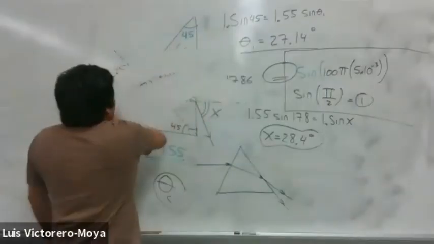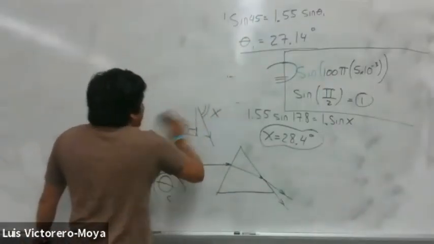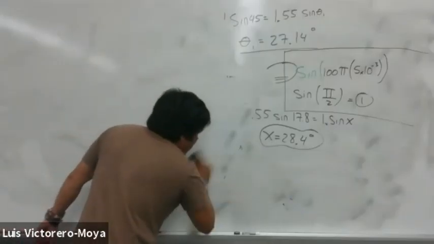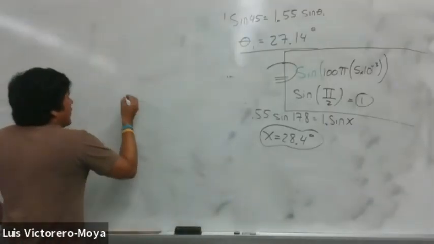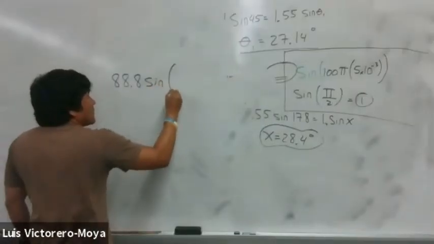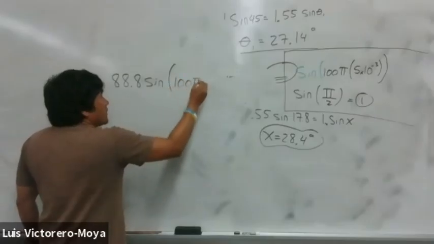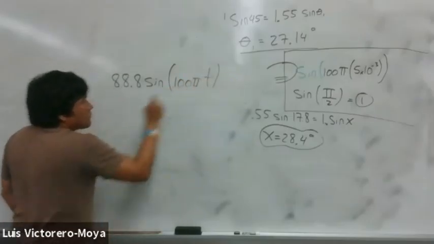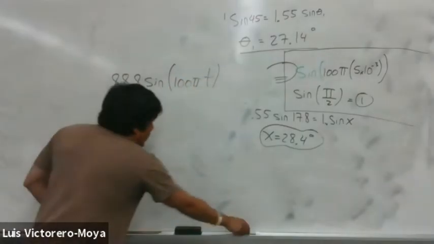What you are getting right now is this, right? So 88 point what? 88.8. Sine of 100 pi t, right? That's the right answer for the first part.